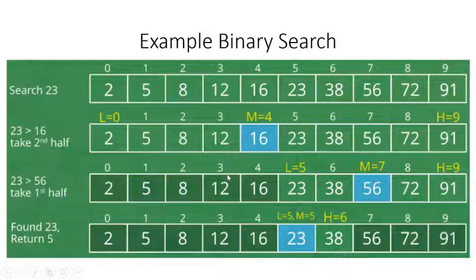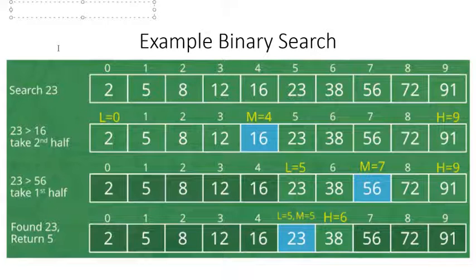Now we will have a look at an example of binary search. As you can see, this list consists of 10 elements. If we go by our program, then the location of the first element is 0 and the location of the last element is 9.